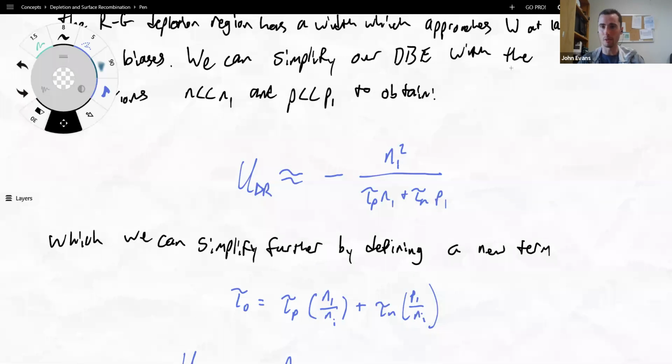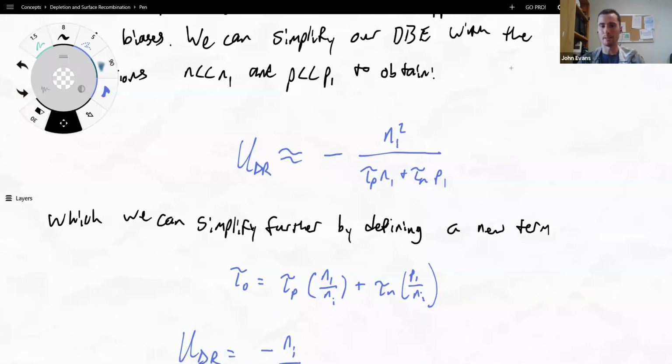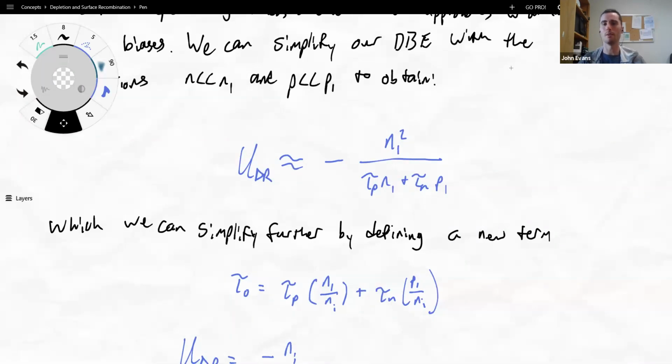We're going to define a new term, tau naught, which is equal to this mess here. It's a combination of the carrier lifetimes, both electrons and holes. We're going to take the whole lifetime and multiply it by n sub 1 divided by n sub i, so we take that electron concentration constant and divide it by the intrinsic carrier concentration.